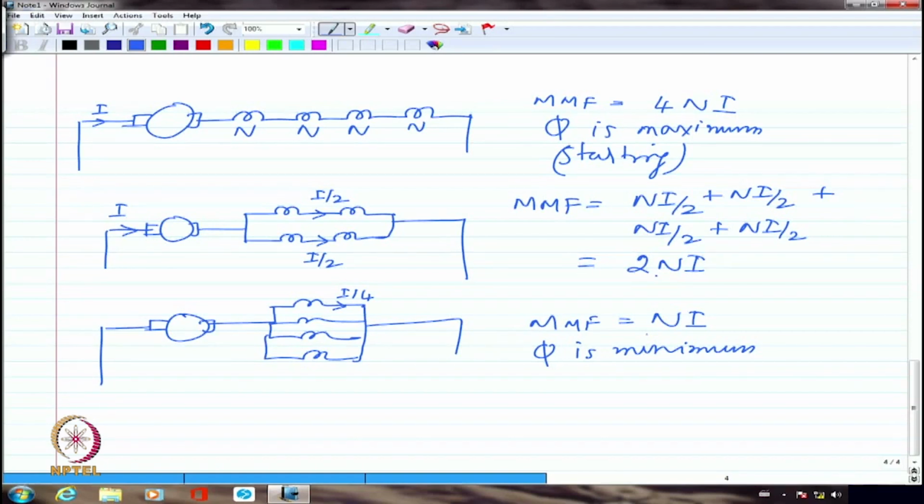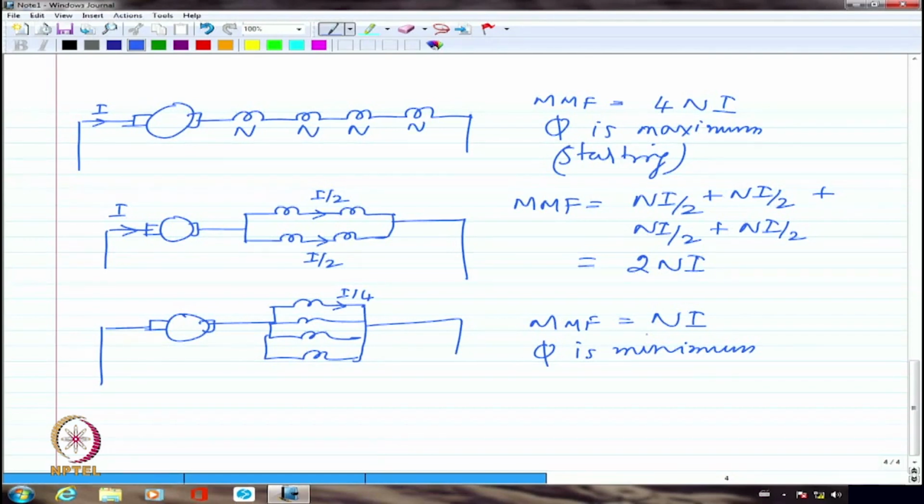Then it is slowly changed over from the first connection to the second connection to the third connection as we go along increasing speed. So the series parallel connection of field coils is a very, very commonly used technique to change the speed of a series motor.